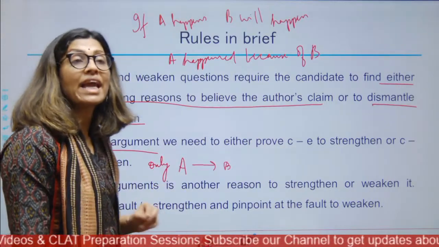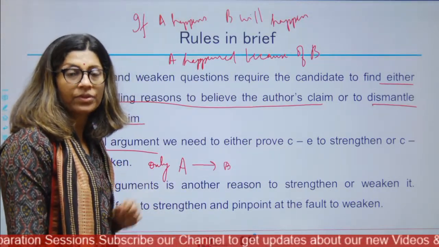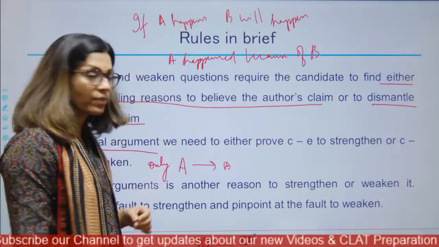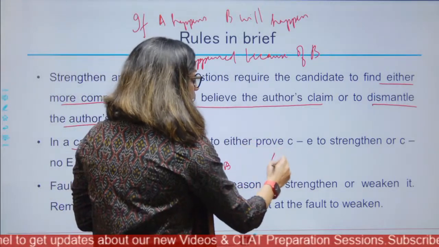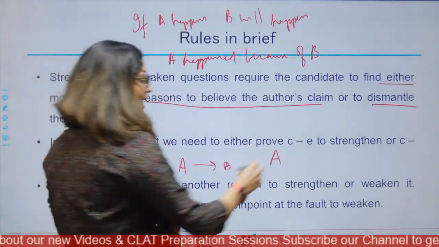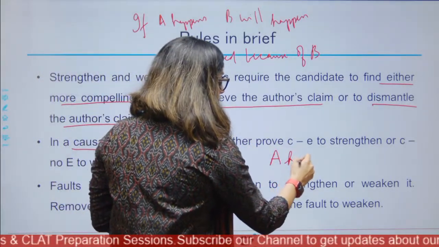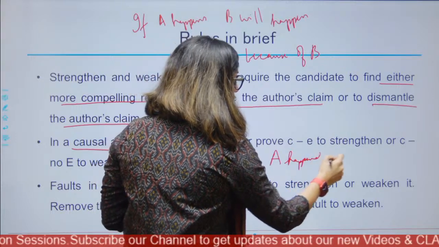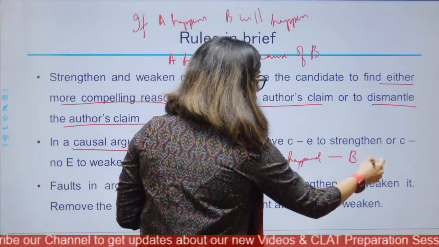You will say only A leads to B. This will be the best method. But if you have to weaken, you have to show that A happened, but B did not happen.